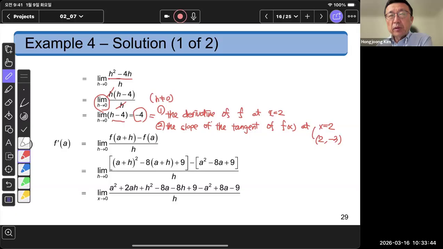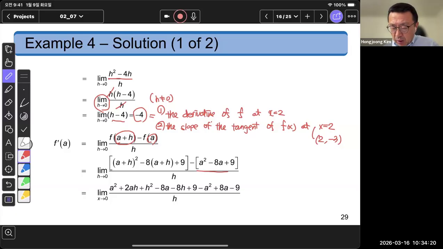Okay. Now in part B, we want to find the expression for this derivative at some arbitrary point a. So I want to plug in a plus h and a in the definition. Now please be careful when you expand a plus h squared minus 8 times a plus h plus 9. And f of a is also a polynomial in a. So if you expand all these terms, this is what you get.